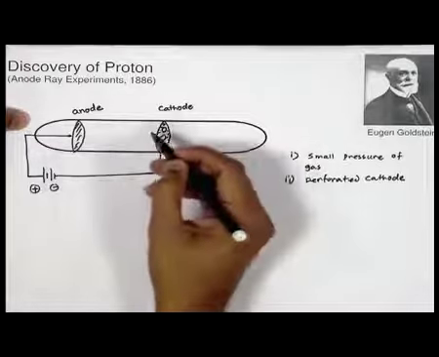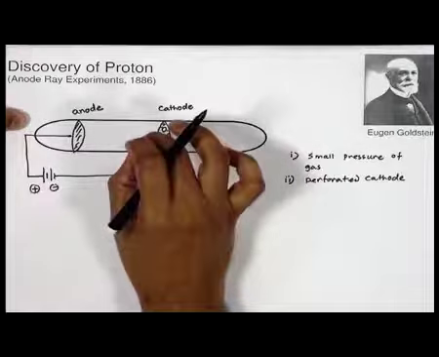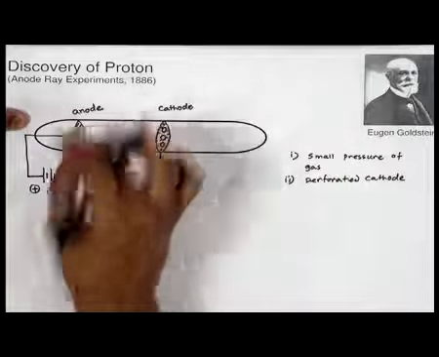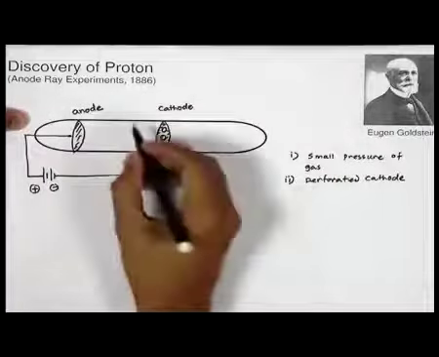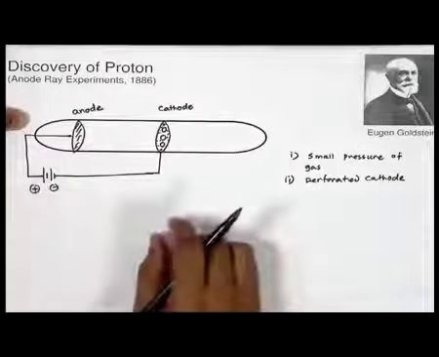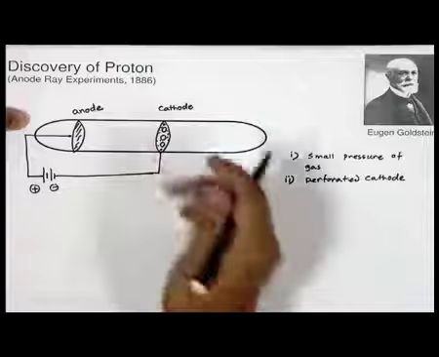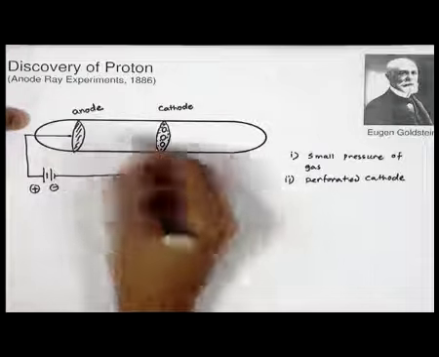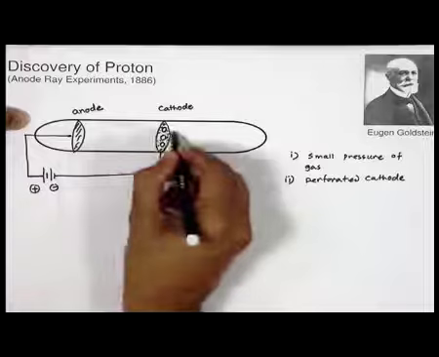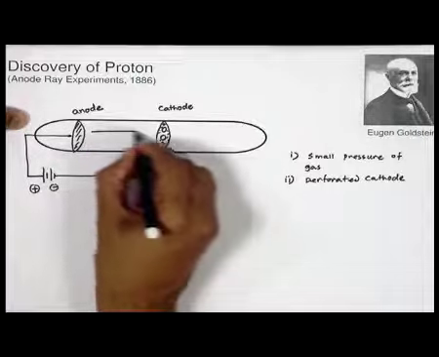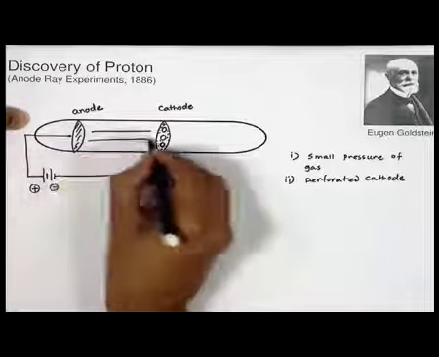By ionization, these gas molecules lose some electrons, and that electron travels towards the anode. The cations, after removal of the electron, these positively charged gas cations, get accelerated towards the cathode plate, because since they are positively charged, they travel from anode to cathode.